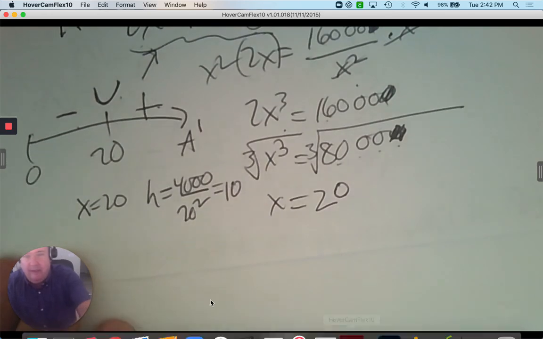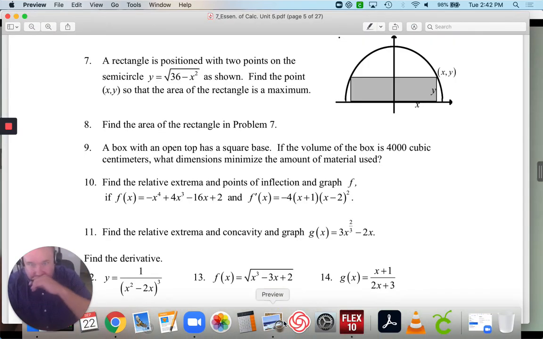So the question again is, make sure I write a good sentence. So the sentence is, what dimensions would minimize the amount of material used? So I'm going to write down a box 20 centimeters by 20 centimeters by 10 centimeters would minimize the amount of material needed to build the box.